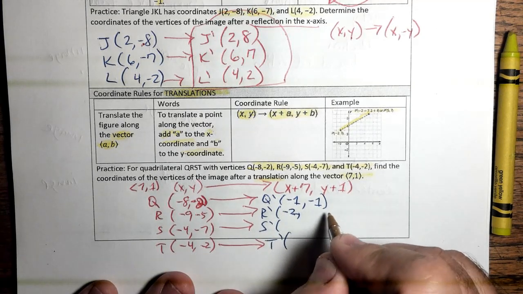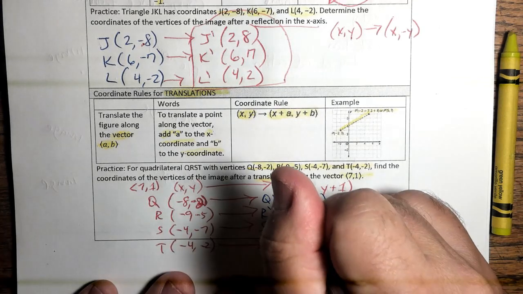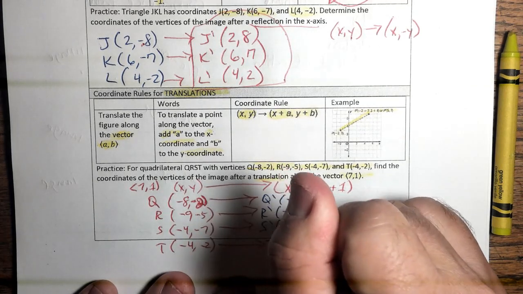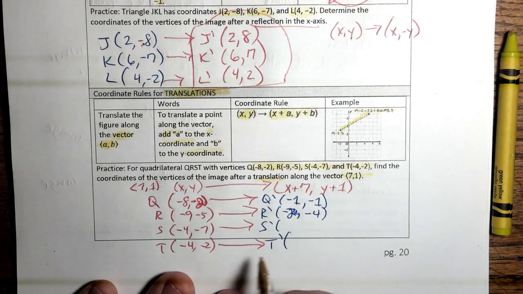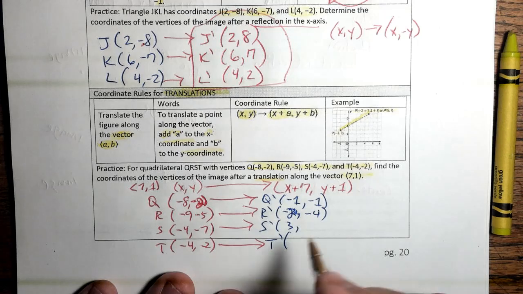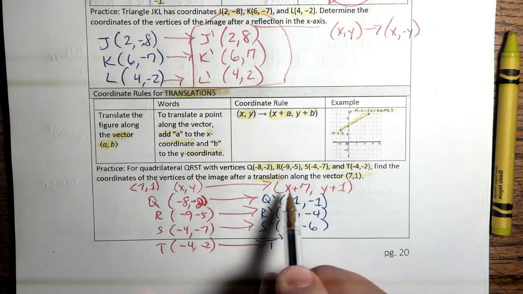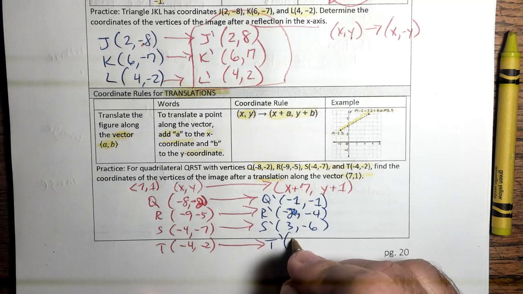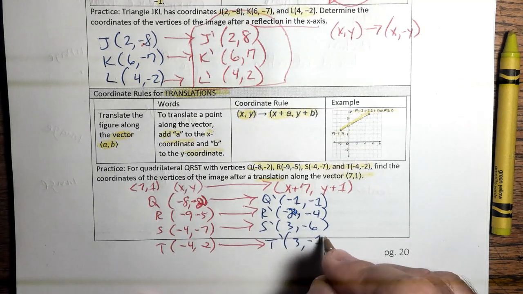Negative 5 plus positive 1 is negative 4. Negative 4 plus 7 is positive 3. Negative 7 plus 1 is negative 6. And then T, negative 4 plus positive 7, again, is positive 3. Negative 2 plus 1, negative 1.